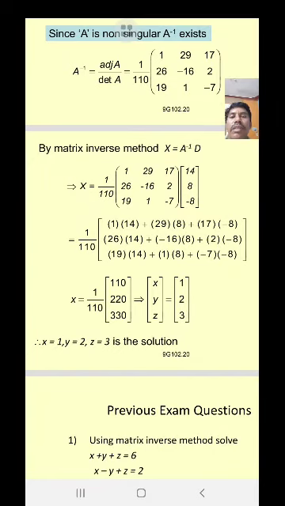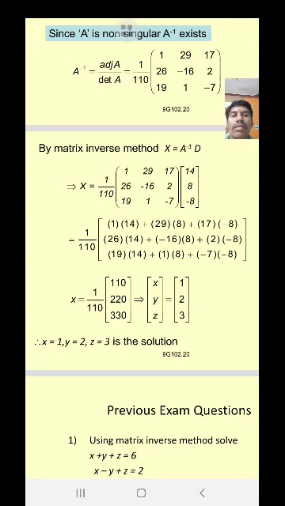By the matrix inverse method, X equals A inverse into D. So 1 by 110 into 1, 29, 17; 26, minus 16, 2; 19, 1, minus 7.